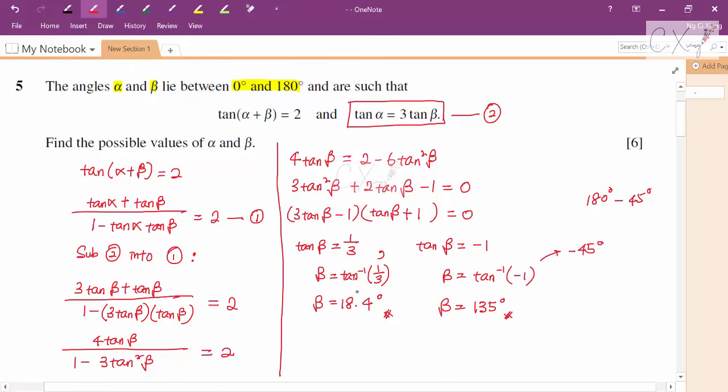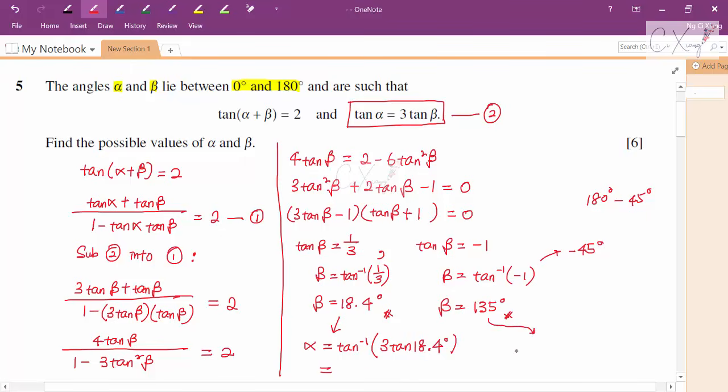So you can see we are having two answers for beta. Beta equals 18.4, and beta equals 135. We need to continue further to get the alpha as well. So to get the alpha, it will be equal to tangent inverse of 3 tangent 18.4. By pressing the calculator, you can get the answer for alpha.